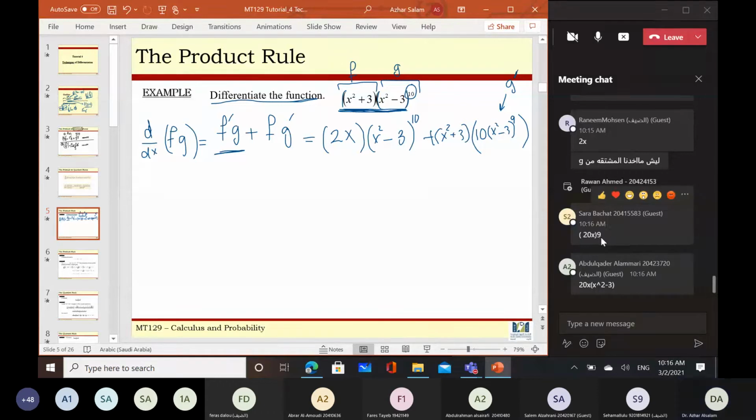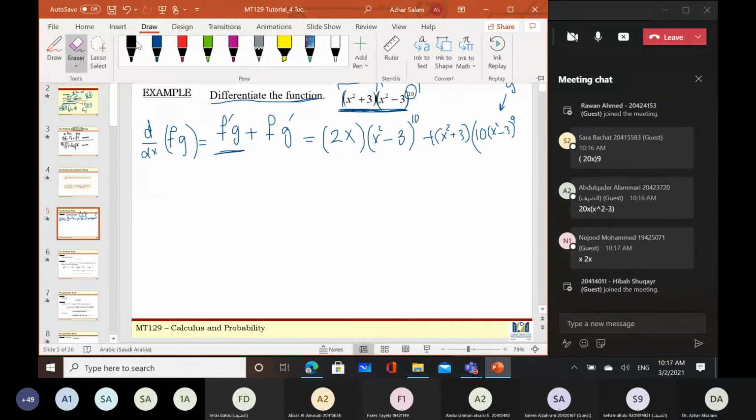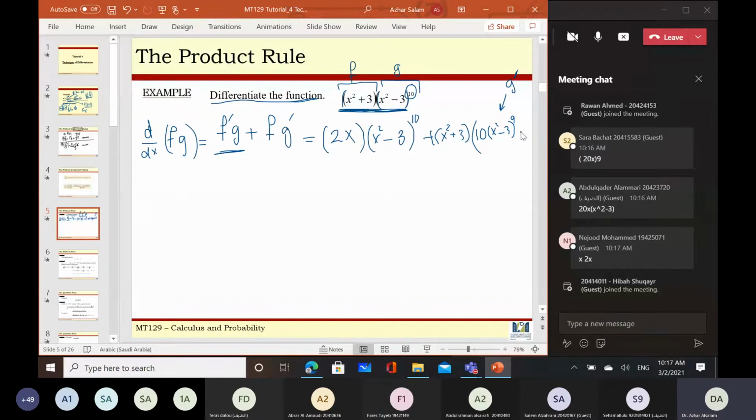Not 20x. I will just use the power rule: differentiate it as if it were raised to a power, then differentiate what is inside the function. I only take the power down and subtract 1, so 10 multiplied by x squared minus 3 all to the power 9, then multiplied by the derivative of what is inside the bracket. Since I already differentiated the power 10, I now differentiate x squared minus 3, which is 2x.